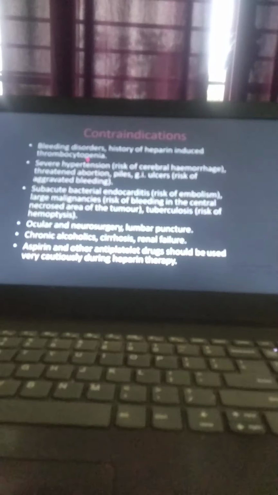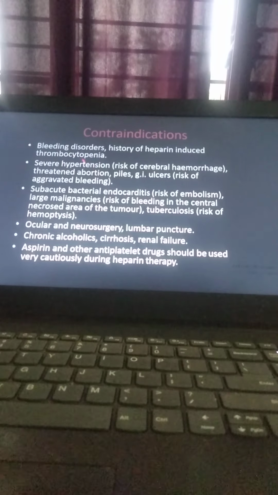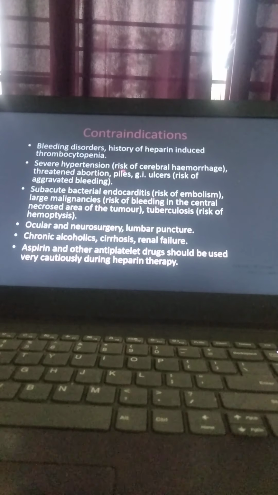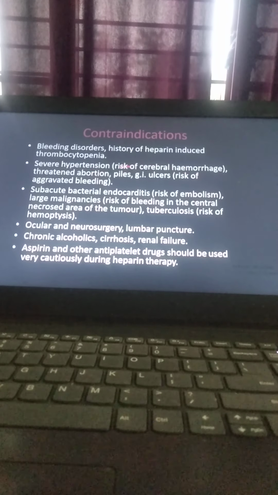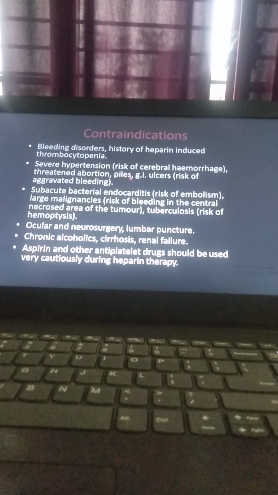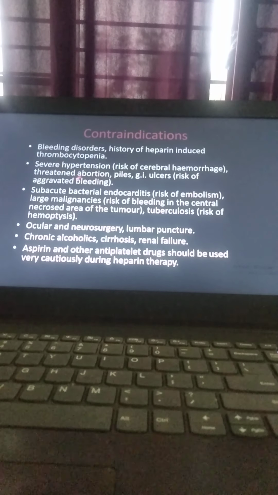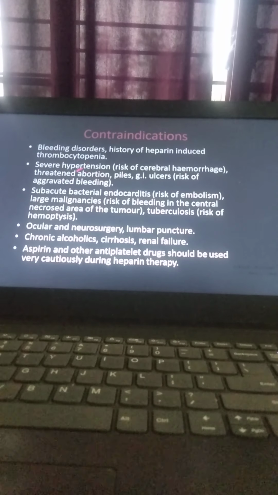Now, contraindications. Bleeding disorders, history of heparin induced thrombocytopenia, severe hypertension, risk of cerebral hemorrhage is there, threatened abortion, piles, GI ulcers, risk of aggravated bleeding because of this.